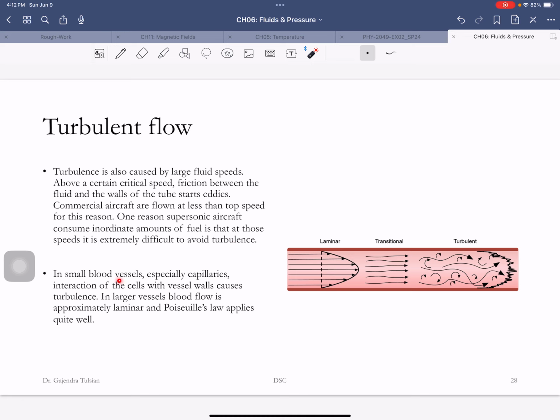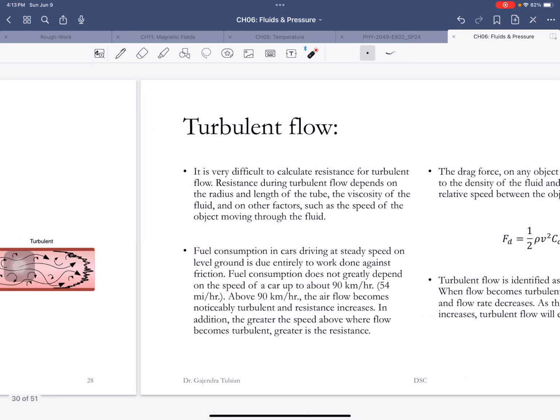In small blood vessels, especially capillaries, interaction of the cells with the vessel walls causes turbulence. In large vessels, blood flow is approximately laminar, and Poiseuille's law applies quite well.